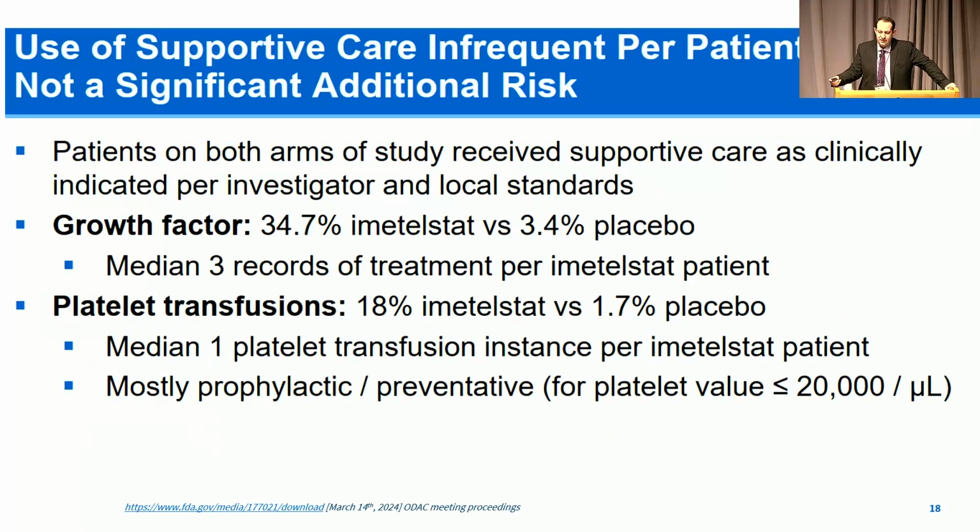So how were the cytopenias managed? The use of supportive care per patient was allowed, at the discretion of the treating provider. About a third of patients received GCSF support and 18% received platelet transfusions. Importantly, the median GCSF support per patient on the imetelstat arm was 3 doses, and the median units of platelet transfusions was 1.